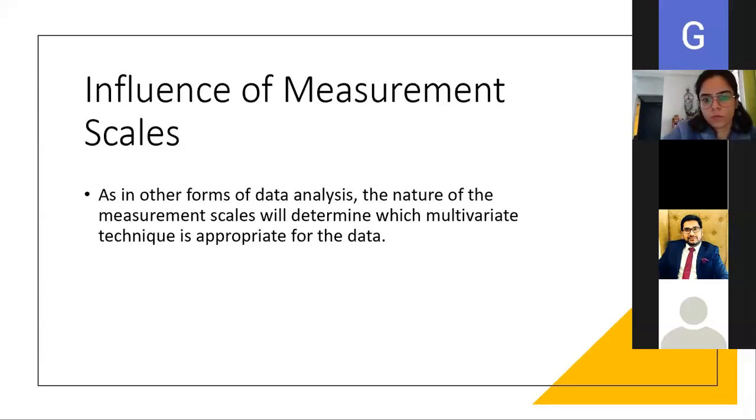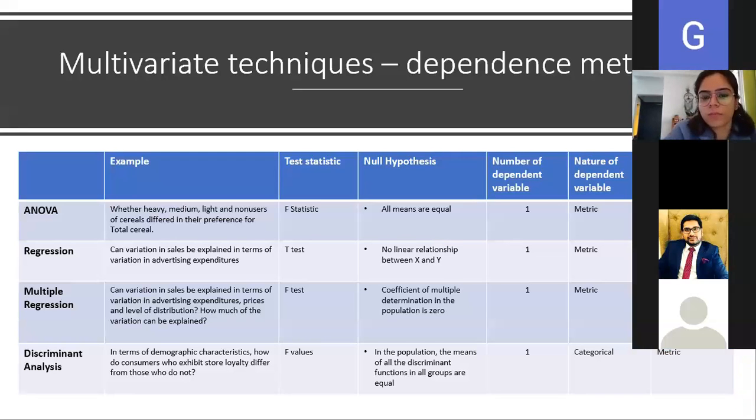So in ANOVA, what is ANOVA? Analysis of variance. For example, whether heavy, medium, light, and non-users of cereals differed in their preference for total cereal. So what is a categorical variable?